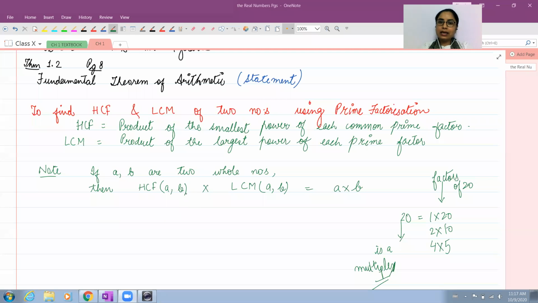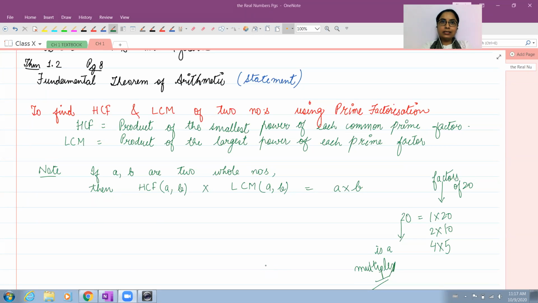So when we say HCF and LCM, we will be focusing on the HCF and LCM of two numbers, although you can find out the HCF and LCM of multiple values. If you have to find out the HCF of two numbers, you are looking for the common factor, the highest common factor.